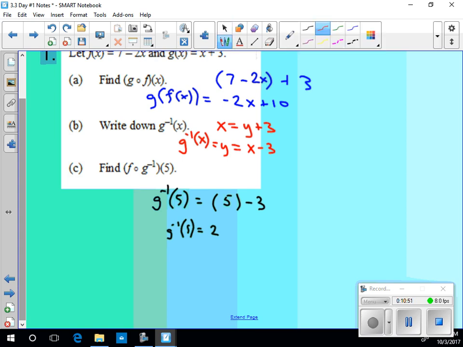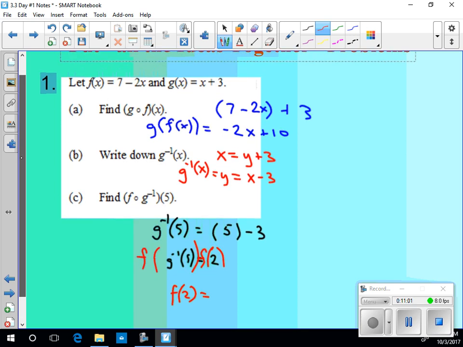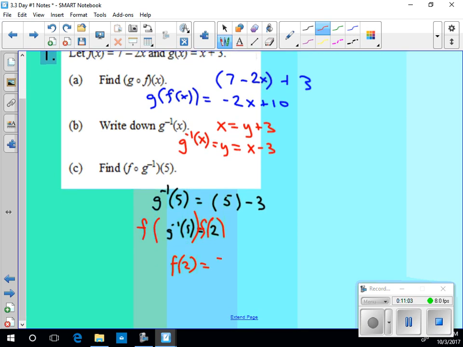Now, if I take f of g inverse of 5, I'm really taking f of 2. So let's find f of 2. That's 7 minus 2 times whatever our input is, and in this case, it's 2.